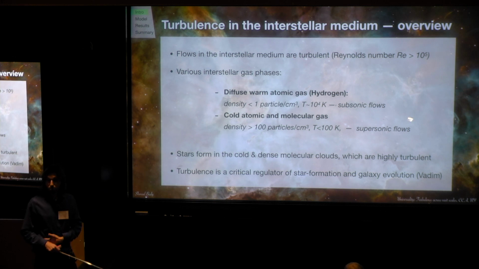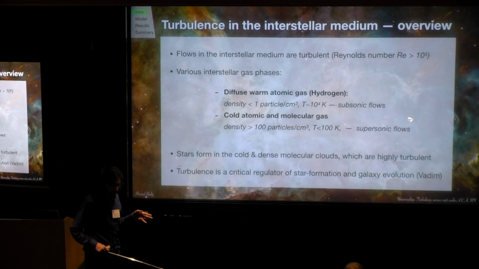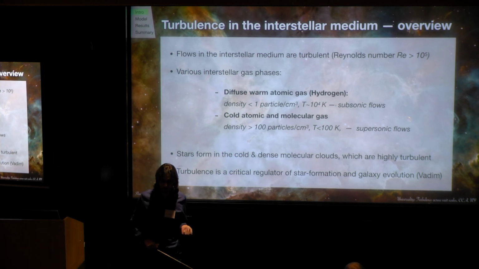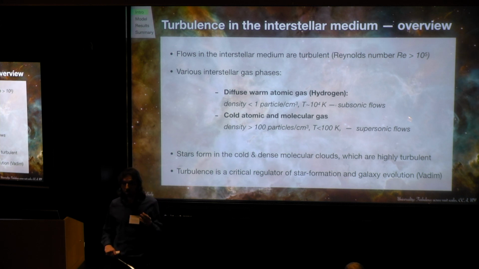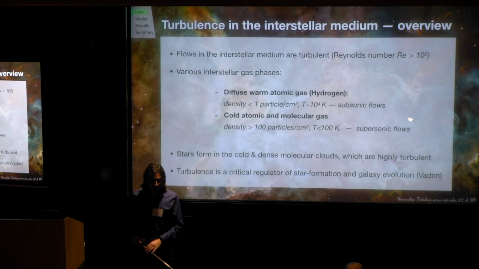So any flow becomes very turbulent, and it may be supersonic or subsonic depending on the phase of the ISM, and that was my previous question that I asked about the H1, for example, because we know that the H1, the atomic hydrogen, may be either quite warm, about 10 to the 4 degrees, or cold, about 100 degrees.